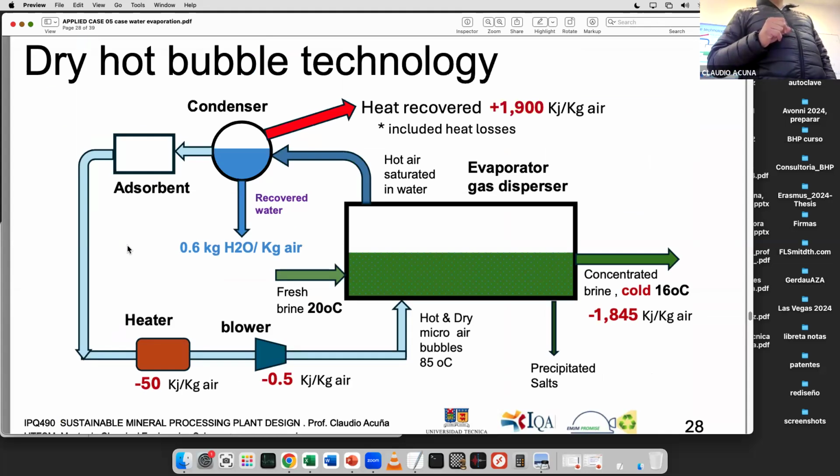I want to ask if this technology can be applicable to the other brine solution you generate? Yes.